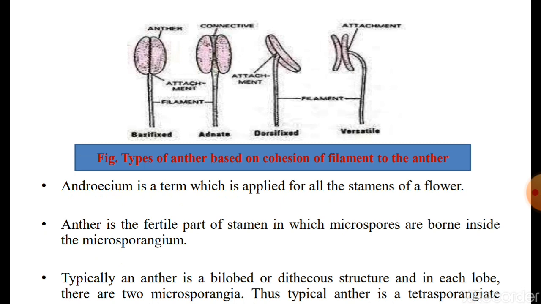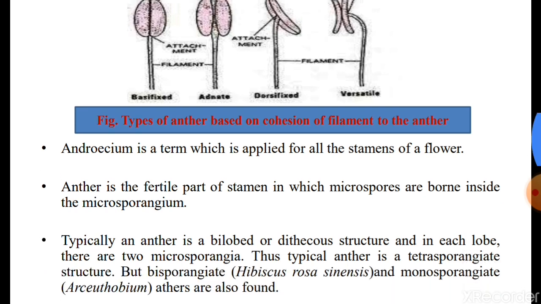The second figure shows the adnate condition, in which the filament is present throughout the length of the anther lobe. Third one, dorsifixed, the filament is attached on the dorsal side of the anther lobe. And fourth one, towards the right side, is versatile, and the anther lobes move on the filament.